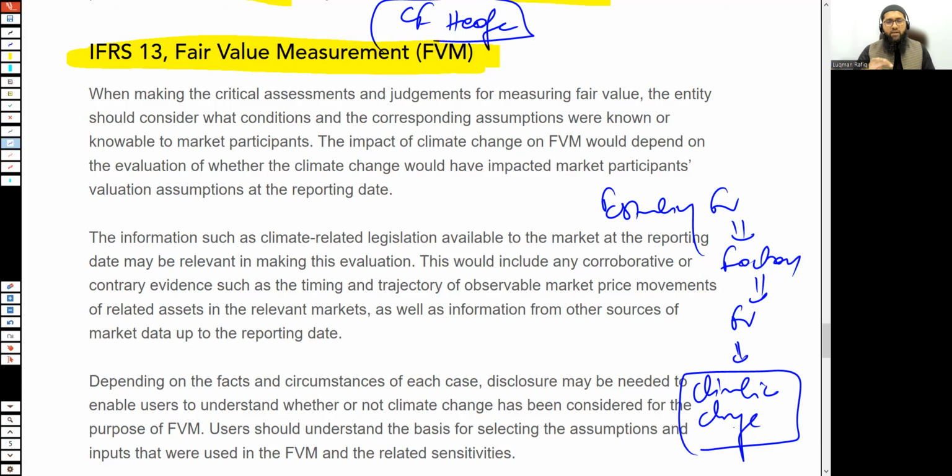So basically, whatever I have discussed here, you would realize that all of these things are something where you just have to put an extra thinking cap on. It's nothing out of the box. It's nothing extraordinary. You have to understand that if there is a climatic change and an entity is doing the accounting, how can it impact the entity? What areas could it impact?